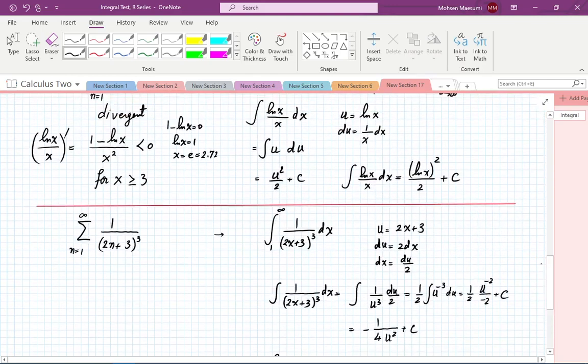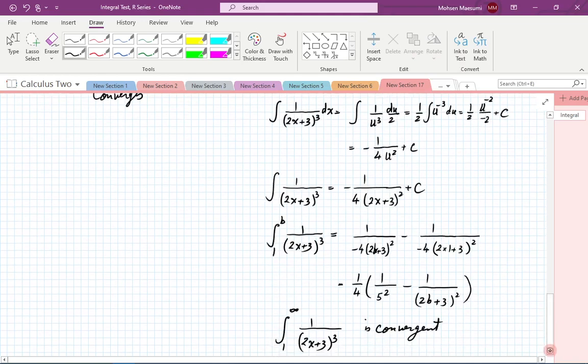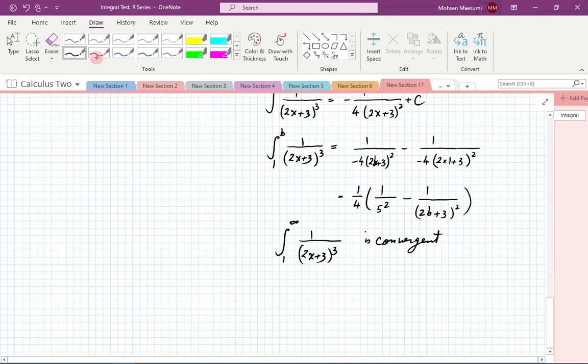So we have established that the integral converges, therefore we can conclude that this series converges. Not only that, we can compare it against the value of that integral and get an approximation for what this thing is.